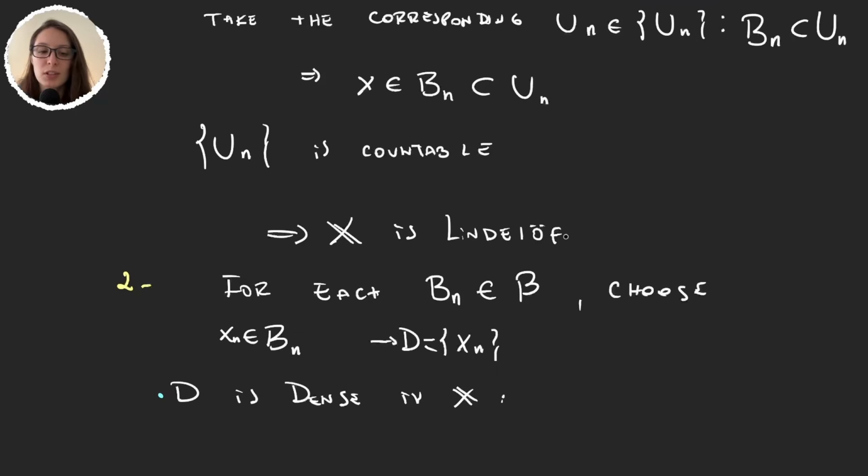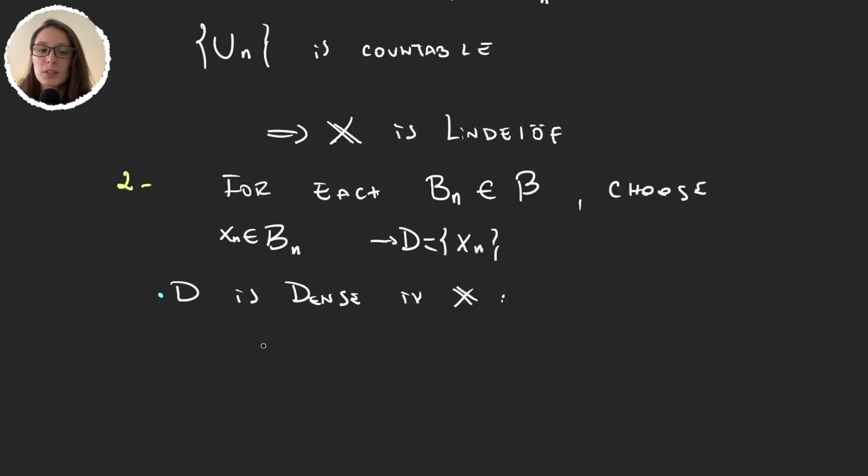But this proof is actually quite trivial, because given any element x in the space, we know that there will exist some B sub n in the basis such that x is an element in B sub n.